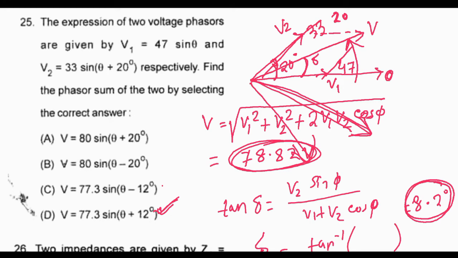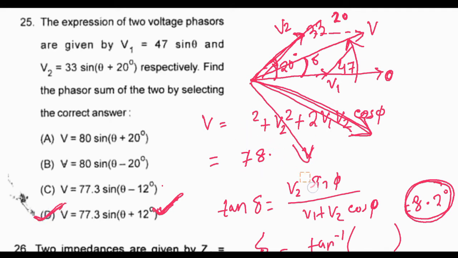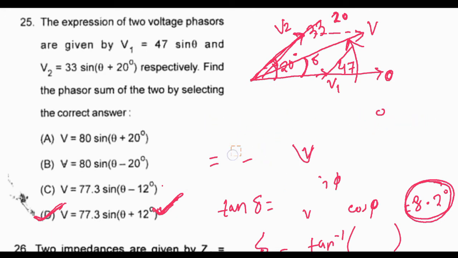And next, plus 20 is along V2, and the resultant of V1 and V2 will never be along V2. So here I am choosing the answer to be this one. Without any calculation we can choose this one. So these calculations are valueless in this question.